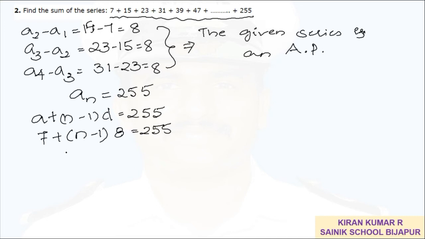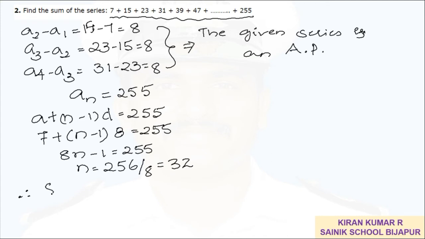So I'll be getting 8n plus 7 minus 8, which is minus 1, equal to 255. So n will be 256 by 8. 8 3s are 24, 8 2s are 16. So 32 is the number of terms.